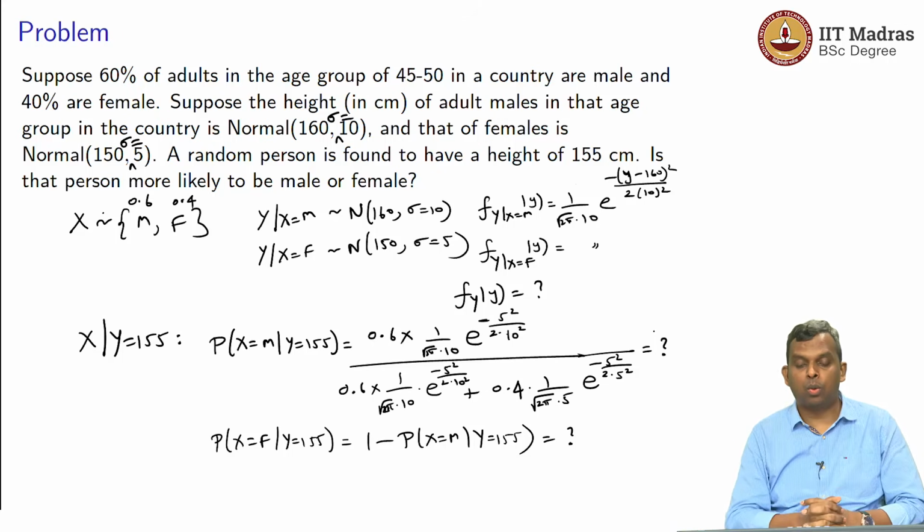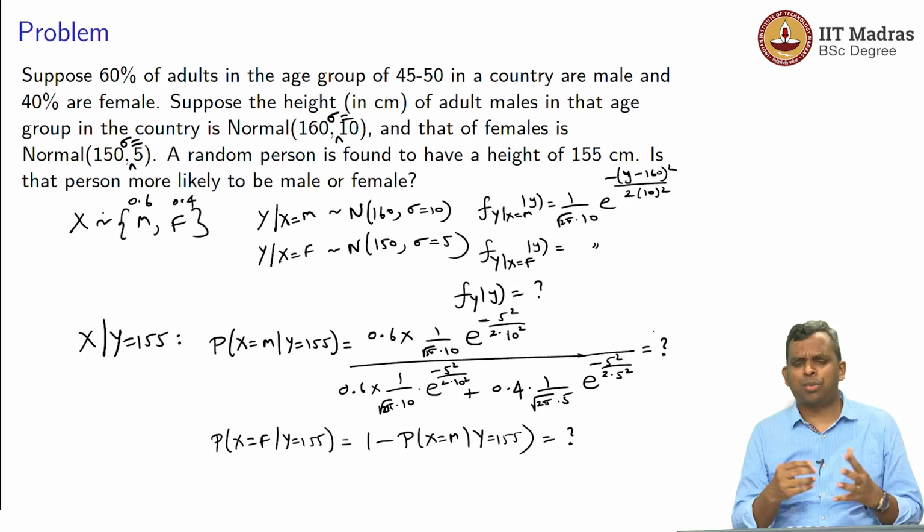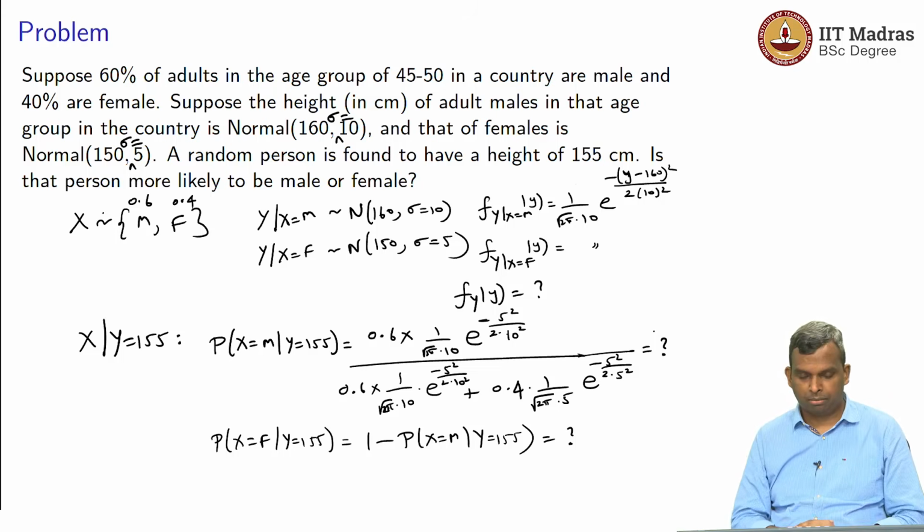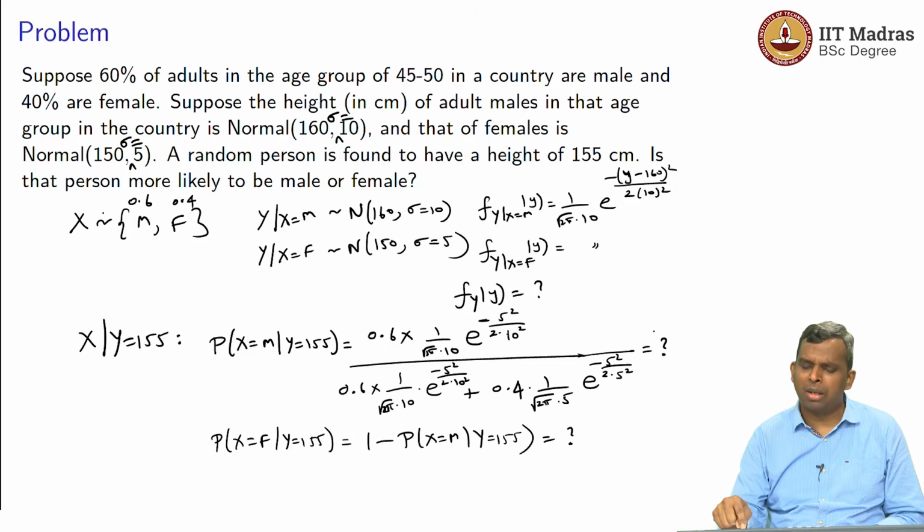So you notice how some sort of classification problem can be solved by assuming a model like this, right? Given a model like this, the classification problem has a precise calculation that you can do. Given the height, you plug it into this formula, see which is the greater probability, and decide. There are only two possibilities, so if one of them has a probability greater than 0.5, that's going to be the larger one.